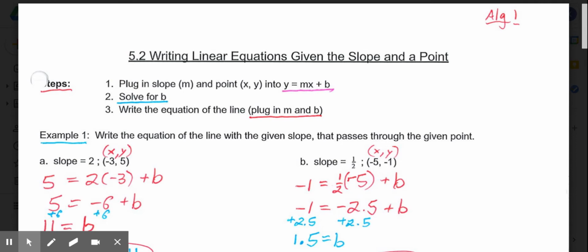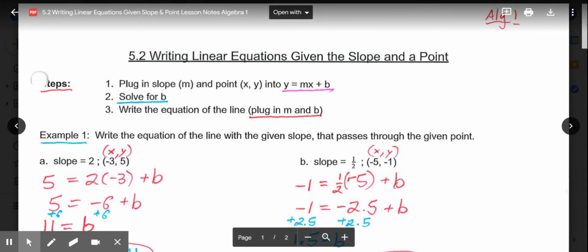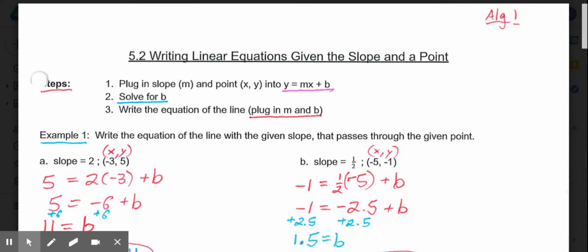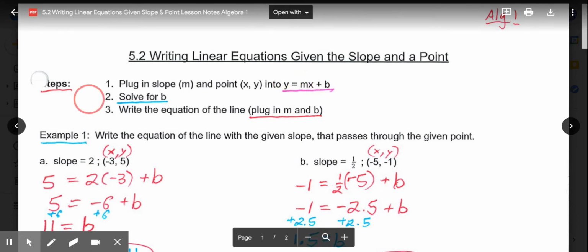If we're given a slope and a point, the first thing we want to do is substitute, or plug in, the m and the point using the coordinates x and y into the equation y equals mx plus b. So we will be filling in the y, the m, and the x in order to solve for b.